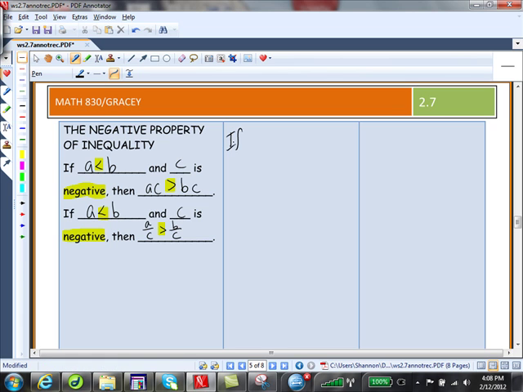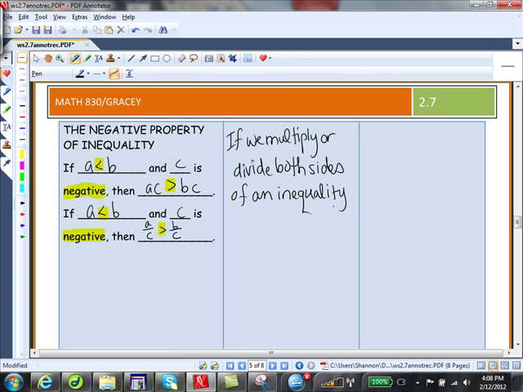Okay, in words, if we multiply or divide both sides of an inequality by the same negative number, and reverse the inequality.